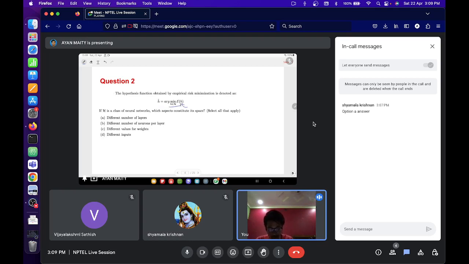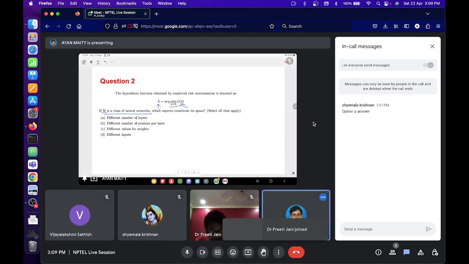This h hat is the optimal hypothesis that we will get after minimizing the empirical risk. So the question is, if capital H is a class of neural networks, which aspect constitutes its space? So what is the space of capital H?